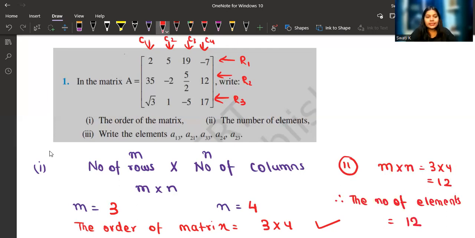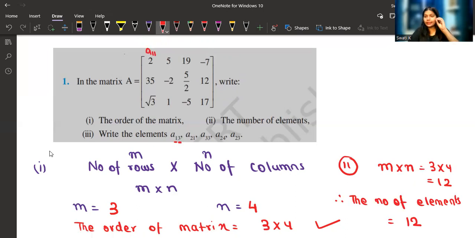The next is write the elements A13, A21, A33, A24, A23. What is this? These are nothing but the entries given. So I'll tell you how we write down the entries. Remember, the first number that you can see is telling you the corresponding row, and the second one is telling you the corresponding column. So this one is A11.